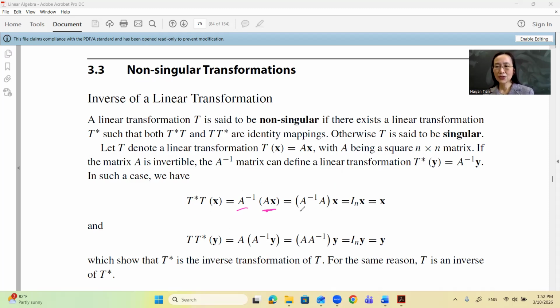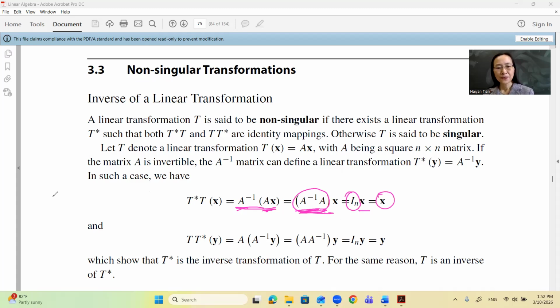Using the associative property, we can associate these two together, A star A, and since that is A inverse times A, because inverse times A should be identity, this is clearly an identity matrix times X, which is X.